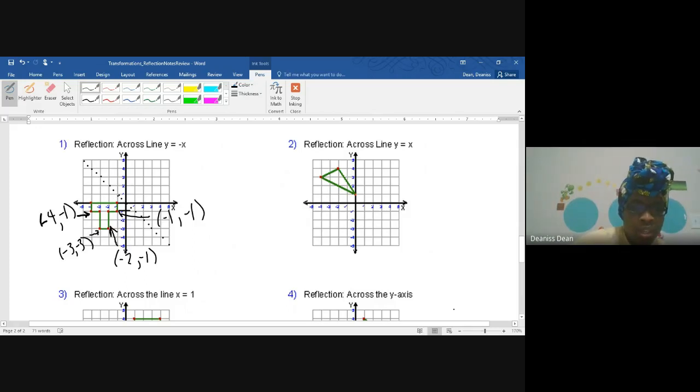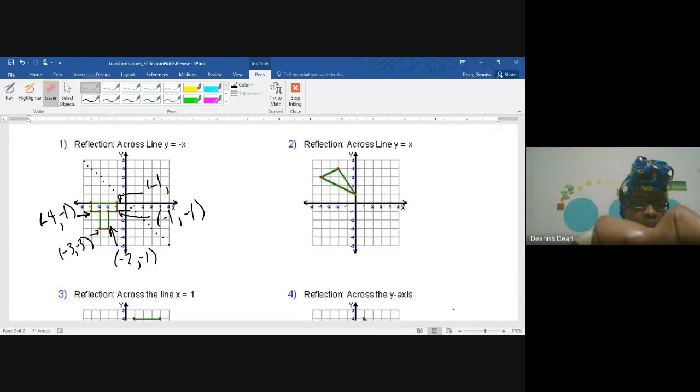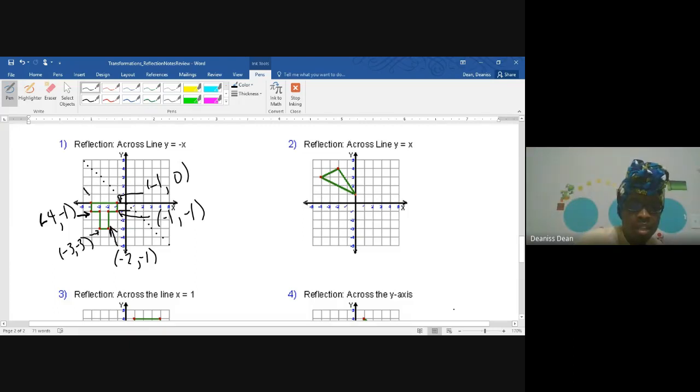And this one here is the point -1, 0. And then this one right here is the point -4, 0. All right, so those were the points of the original figure.